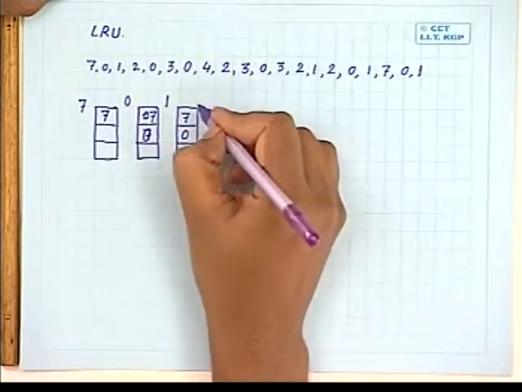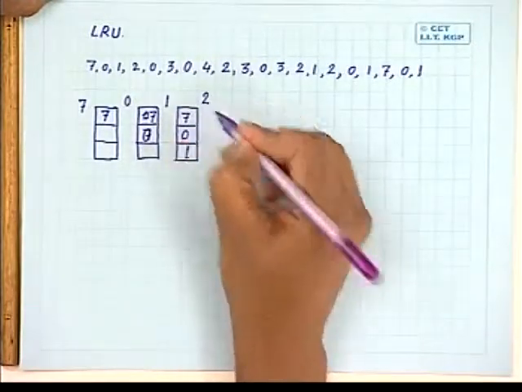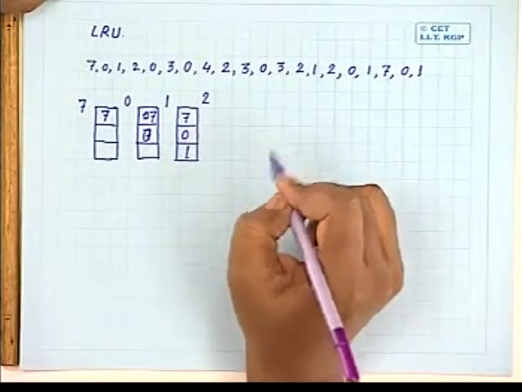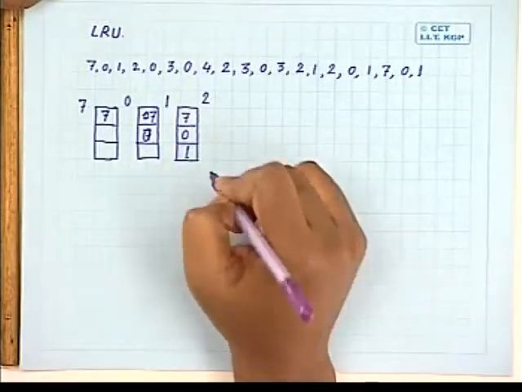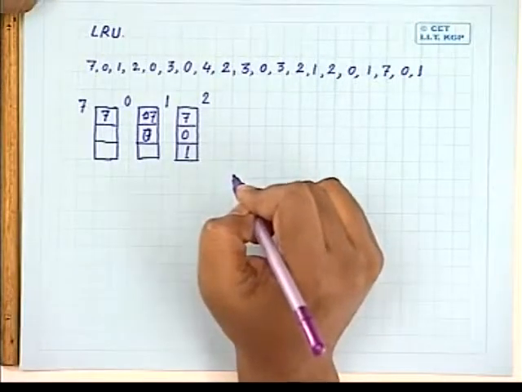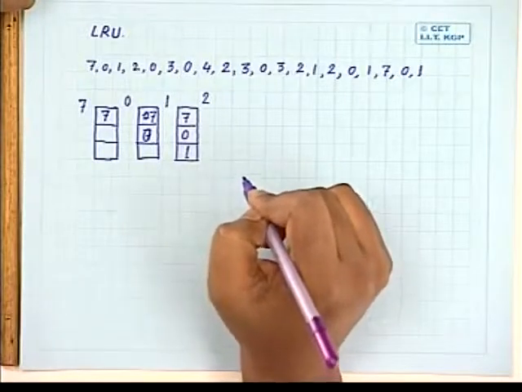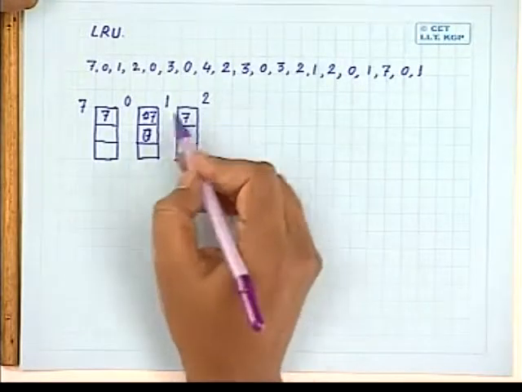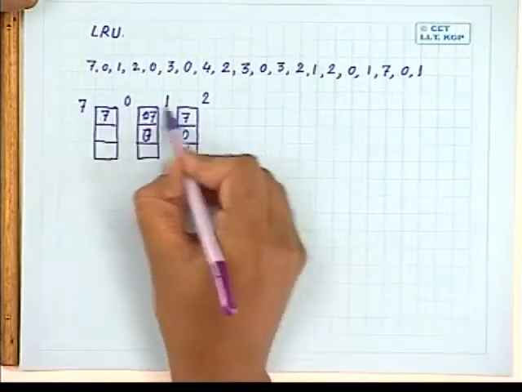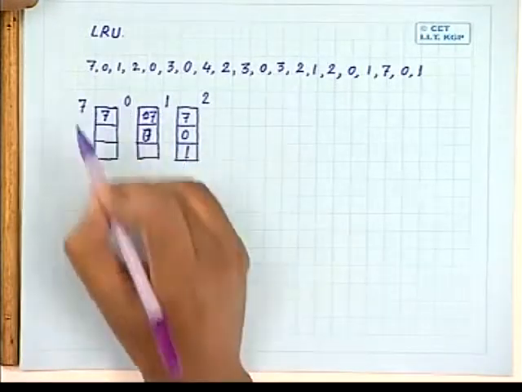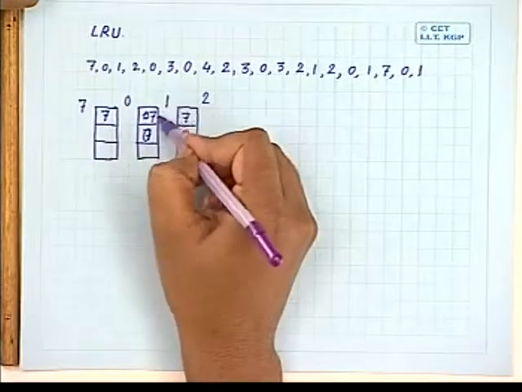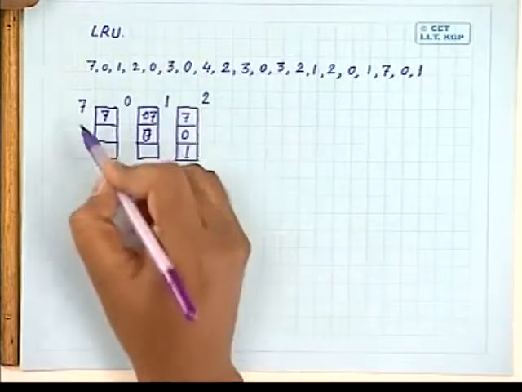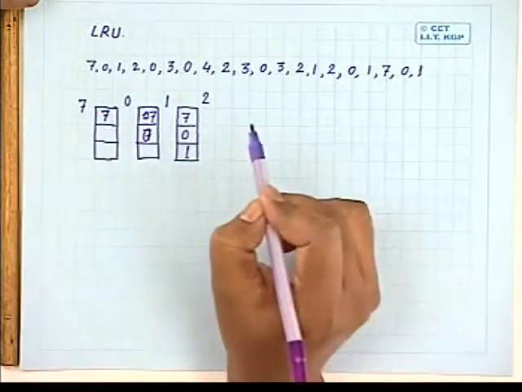Next time when 2 is referred, I don't have any free frame, so I have to replace one of the frames. In this case, the frame which is least recently used will be replaced. Out of these 3 pages, 1, 0 and 7, page number 1 is the most recently used, whereas page number 7 is the least recently used.